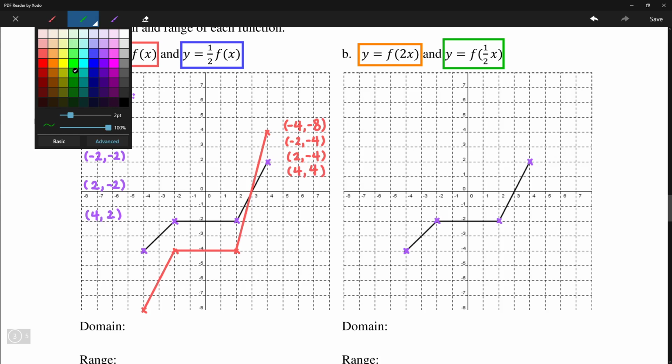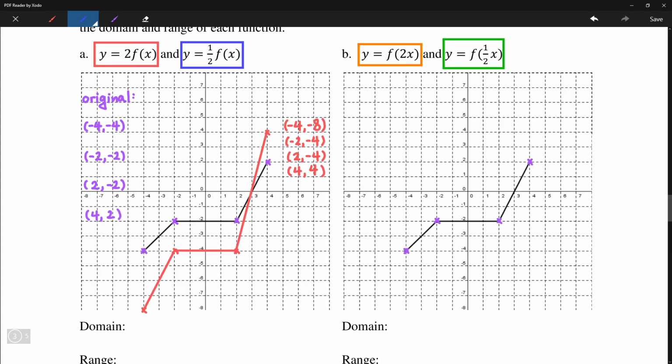Now the next graph is vertically stretched by 1/2. Instead of (-4, -4), the new point will be (-4, -2). The y values will be halved, followed by (-2, -1), (2, -1), and finally (4, 1). Of course, we can go ahead and plot those points. So here they are: 1, 2, 3, and 4.